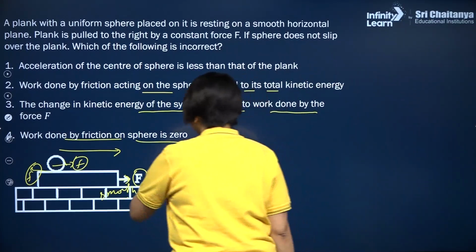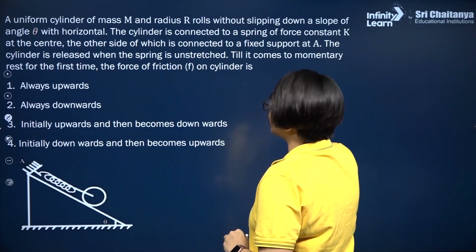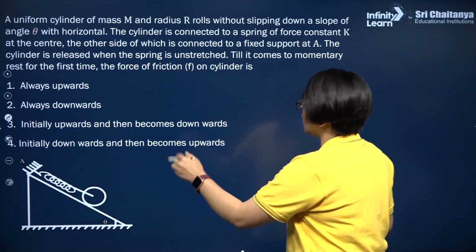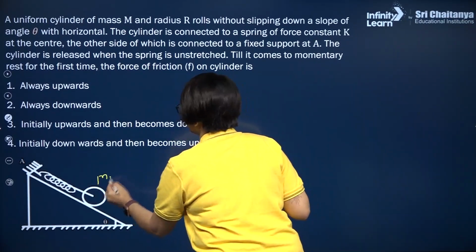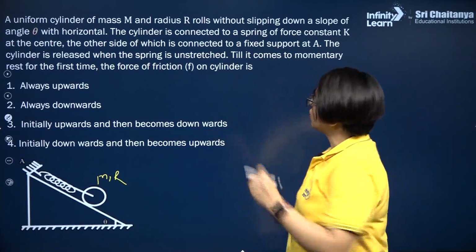Incorrect statement is 4. Next is, a uniform cylinder of mass m and radius r rolls without slipping down a slope of angle theta with the horizontal.